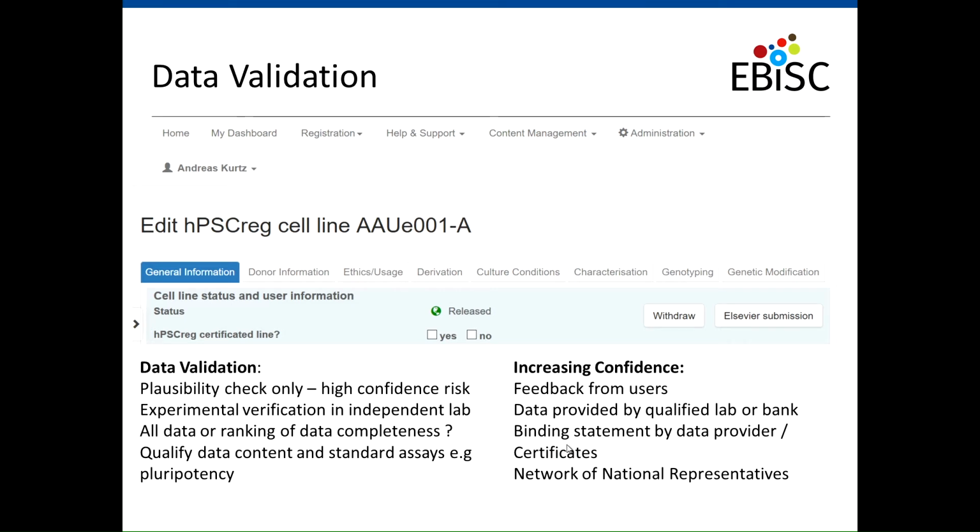And these certificates are being used by the European Commission to basically confirm their usage in European funded projects. We also have a network of national representatives, and when critical issues arise, we contact them and ask, for example, is this person who enters a line a real person? Or is it a computer bug, something like that, which didn't happen until now.